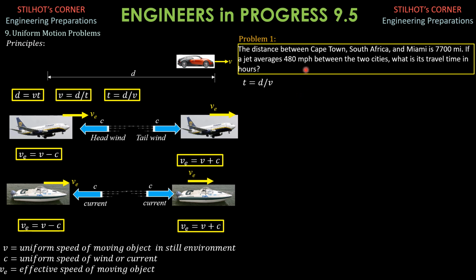Then the distance is 7,700 miles. The average speed is 480, the uniform rate or speed. So therefore, time equals 7,700 divided by 480, and we'll get 16.04 hours.